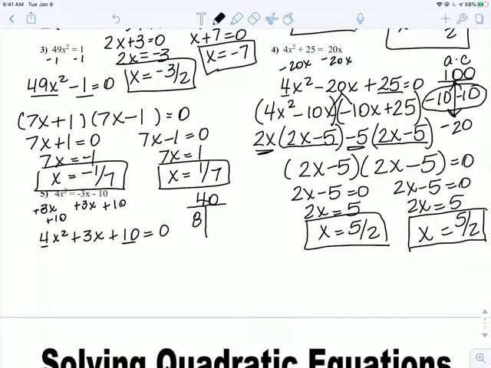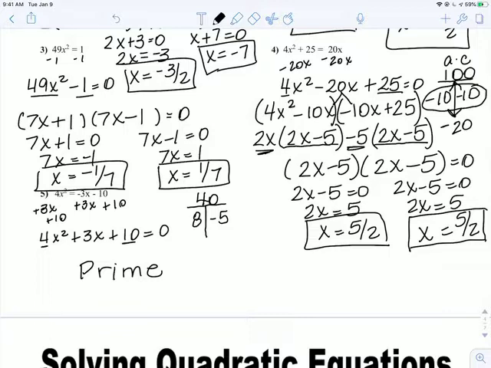Because if I did 8 and negative 5, that would give me a positive 3, but when I multiply them, it would give me a negative 40, not a positive 40. So I don't see any options here. I'm going to say that this is an example of a quadratic that is prime and is not factorable.